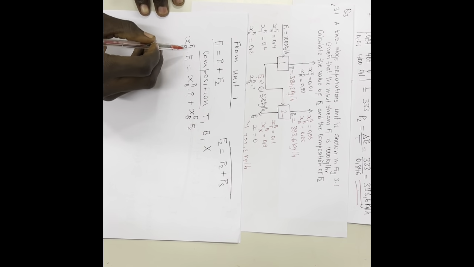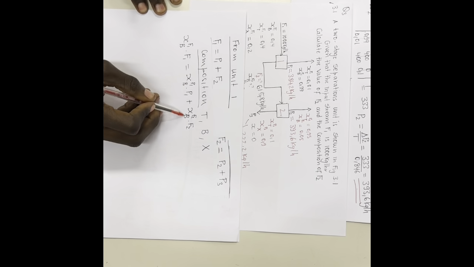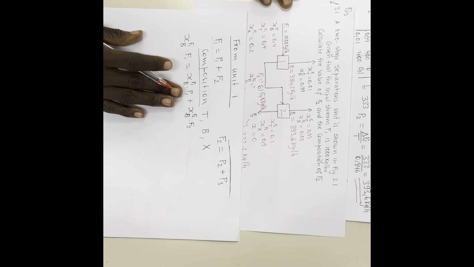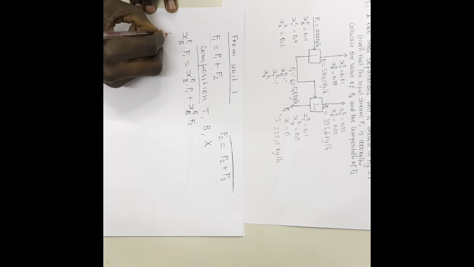Now check, guys. The balance we are doing is the balance of benzene, because you see B is for benzene. We know the value of benzene. Yes, we know everything now. What is the value of benzene? 0.4.